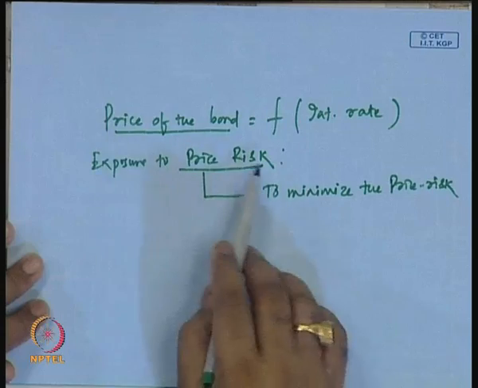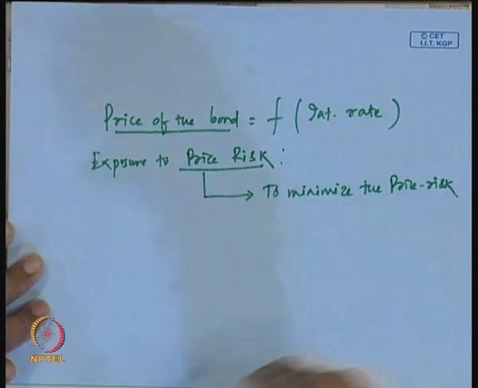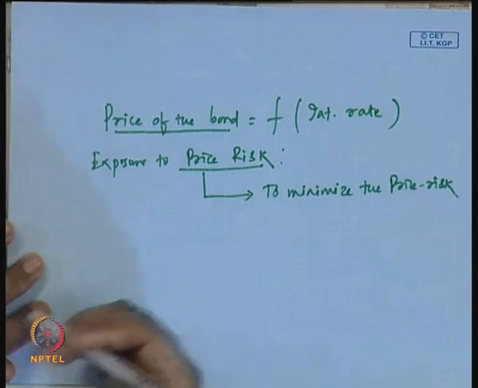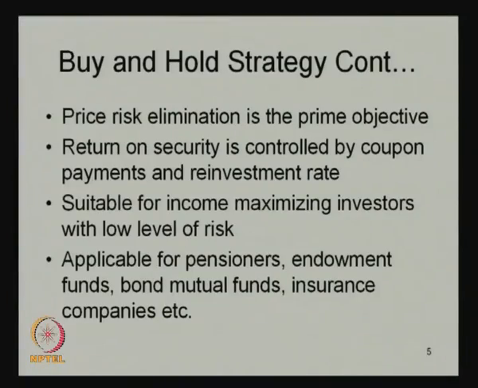That is why this exposure to price risk, or the fluctuation of the price which increases the price risk, should be eliminated on the basis of the objective of the investor. So the basic objective of the investor who follows the buy and hold strategy is to eliminate the price risk.